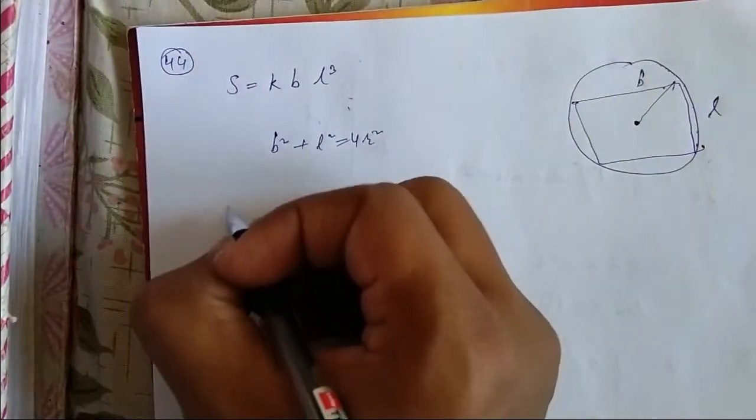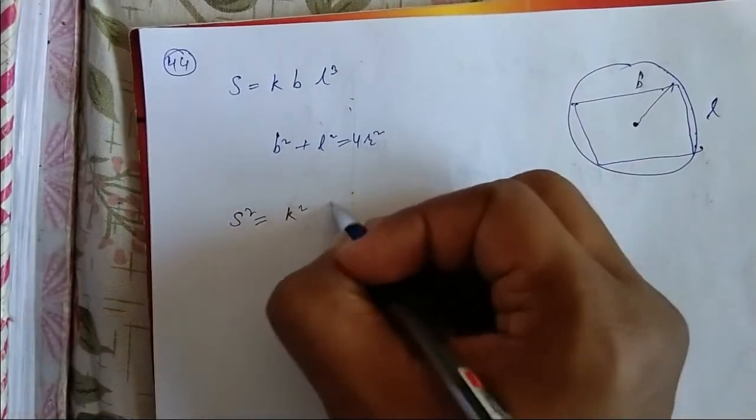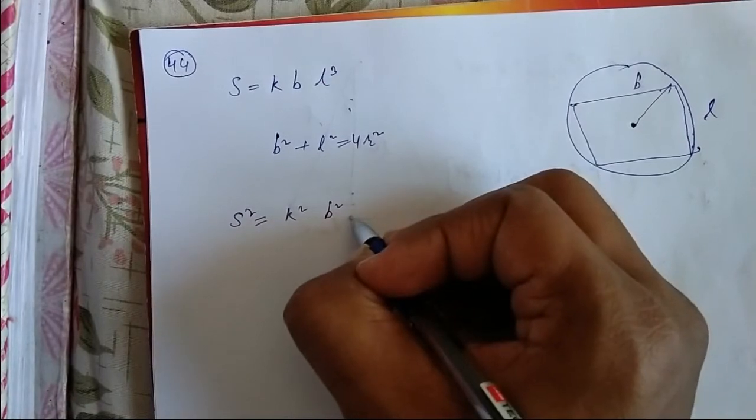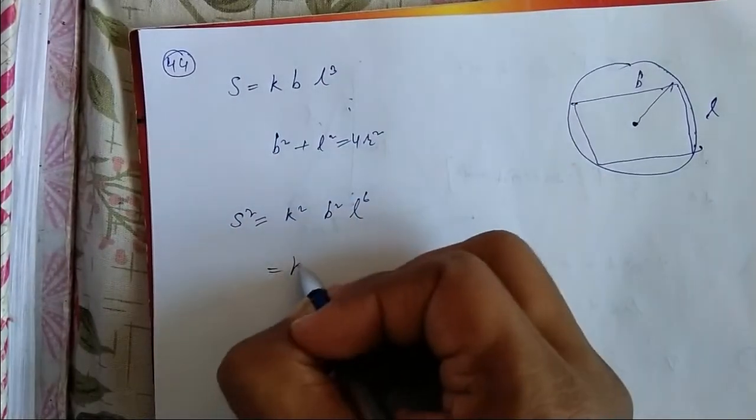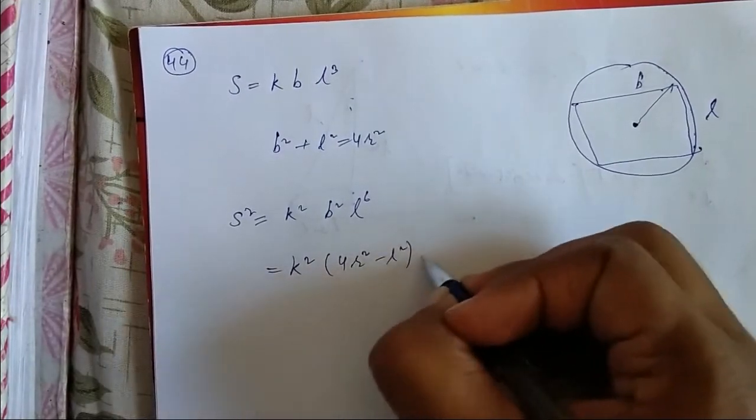So let's maximize its square S² is equal to k² b² L⁶ is equal to k² (value of b² would be 4r² minus L²) into L⁶.